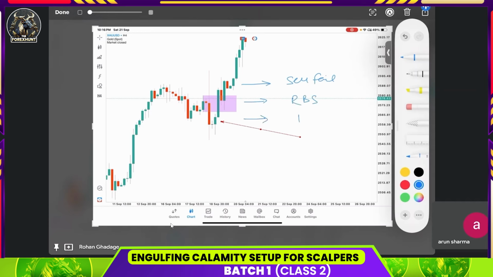Some people call it blind spot. So these are some different names, but you don't have to look into the names. You have to just simply understand sell fail, the body closer. I'm repeating, body closer is important. No wick is involved.